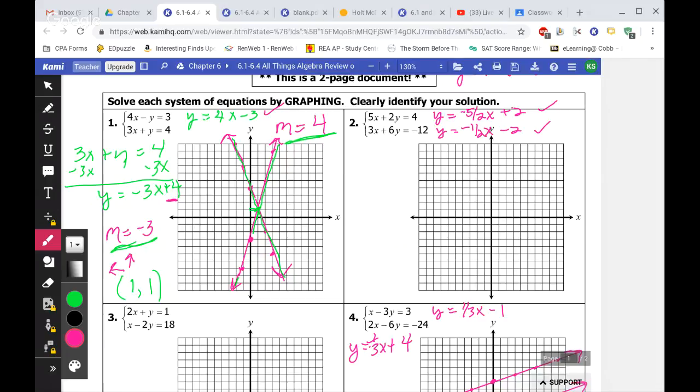Good job. So you'll plot that first. That's always the first thing that you do. And now what is your slope on that one? Negative 5 over 2. Good job.